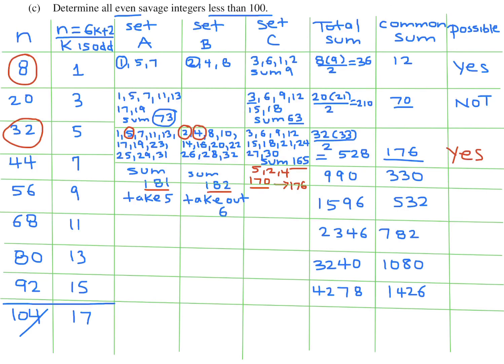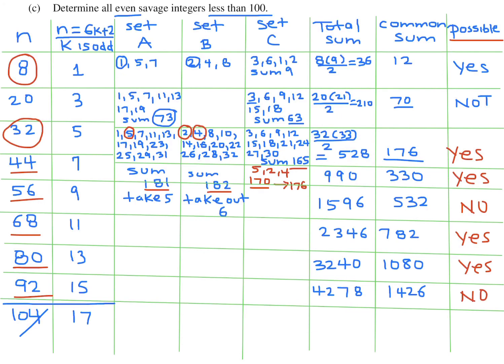All right, so now we're really interested in yes or no, basically, this column right here. Okay, this one, 44, is a yes. This one, 56, is a no. 68 is a yes. 80 is a yes, and 92 is a no.